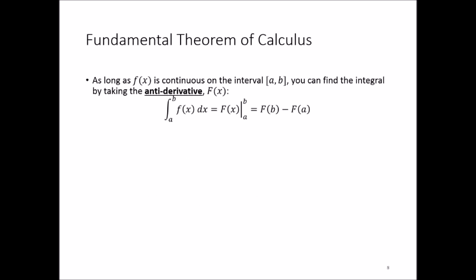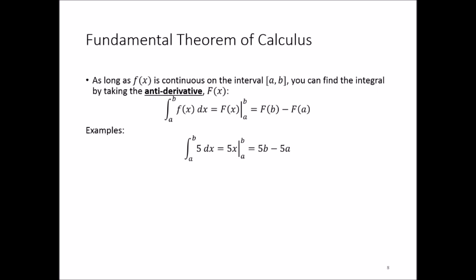I'm going to do the same example that I had before. If I take the integral of just the number 5, I want to evaluate it at the 2 limits. The antiderivative is 5x, so I'm going to evaluate it at b minus evaluating it at a.